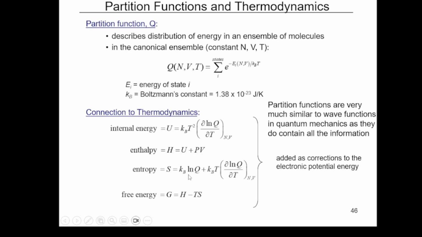Entropy is equal to kB natural log of Q, which is the partition function, plus kB, the Boltzmann constant, times temperature, times the derivative of natural log of Q with respect to temperature under constant number of moles and volume. Similarly, free energy can be given as G, which is equal to H minus TS. All these equations I'm not going to derive here. They are just coming from statistical thermodynamics.